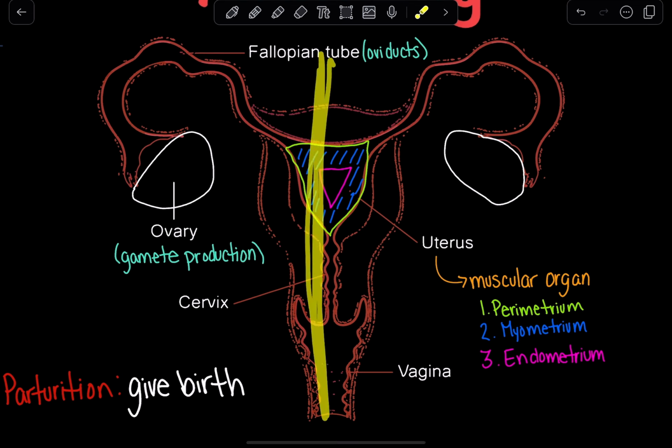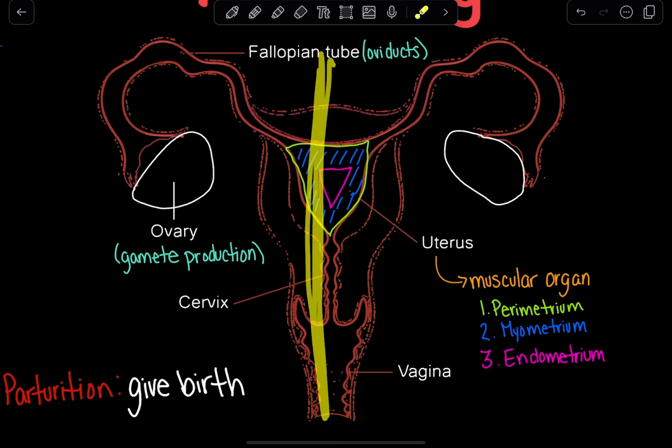And when we talk about the uterus, it is essentially a muscular organ where we will see implantation and the growth of our zygote. And since it's a muscular organ, it also has three distinct layers that we must understand. It has the perimetrium, the myometrium, and the endometrium. So the perimetrium is going to be that outer layer of our uterus, and the myometrium is going to be a muscular layer below the perimetrium.